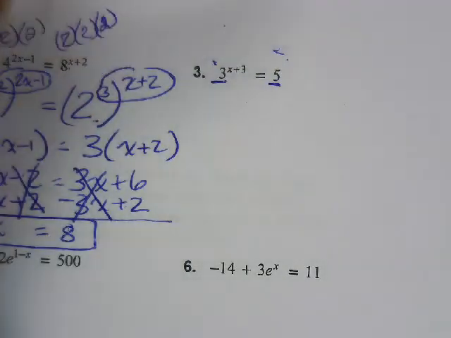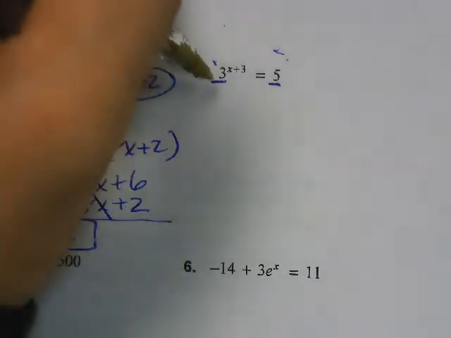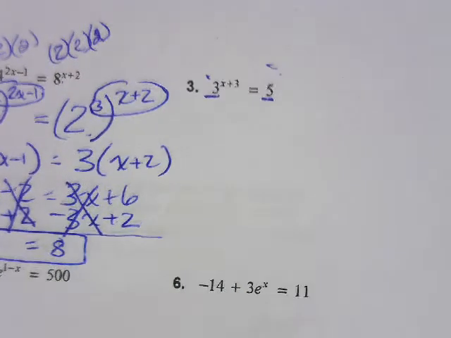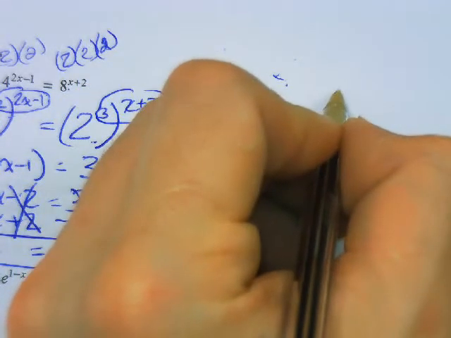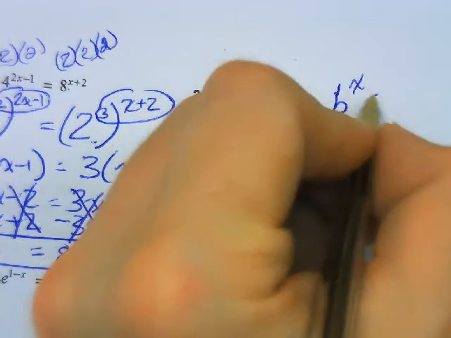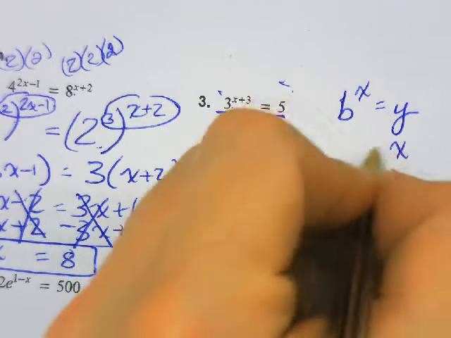So what to do here? Well, we remember from our homework last night that this is written as b to the x is y, or y equals b to the x. An equivalent to that is x equals log in base b of y.